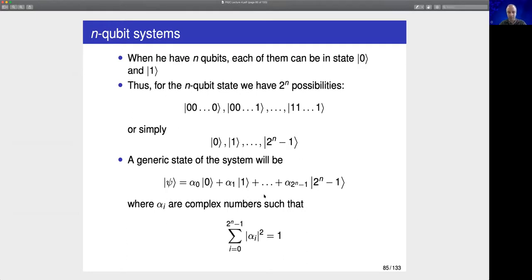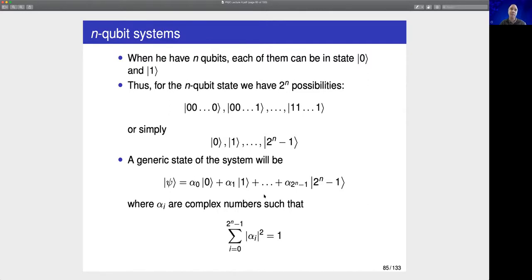N can be a big number, and as we know, each of the individual qubits can be in state 0 or in state 1. Okay, so the combination of all the n qubits can be in state 0, 0, 0, 0, 0, 0, 0, 0, 0, 1, 0, 0, 0, 1, 0, all the possible 2 to the n possibilities of zeros and ones.